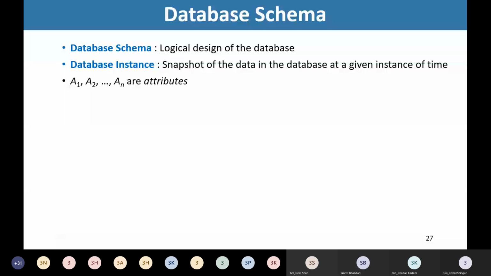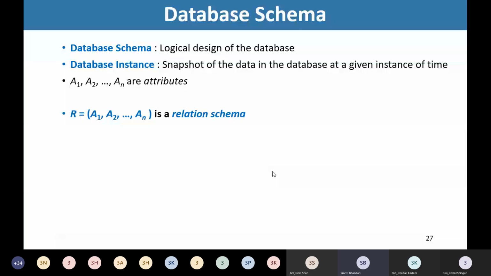A1 to An are the attributes of a relation. So we have seen two important concepts, and those are relation schema and a relation. So what is a relation schema and how do we denote it?